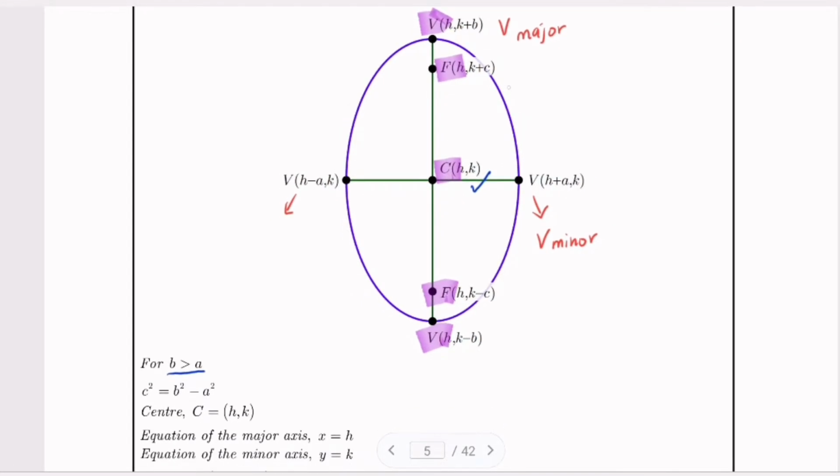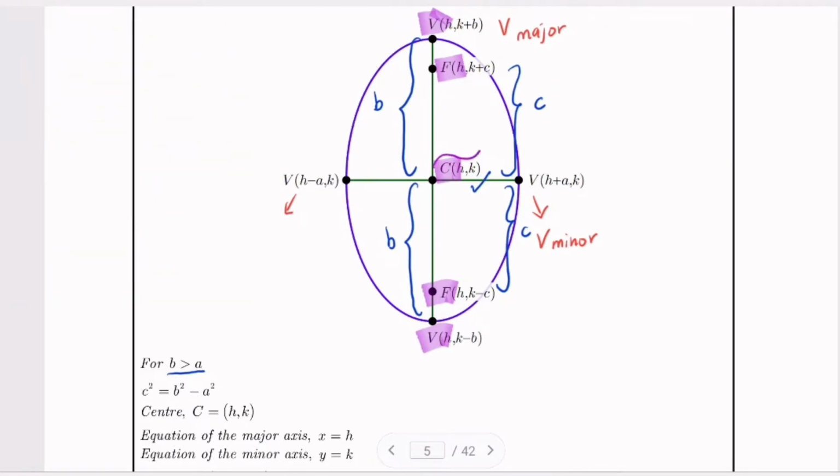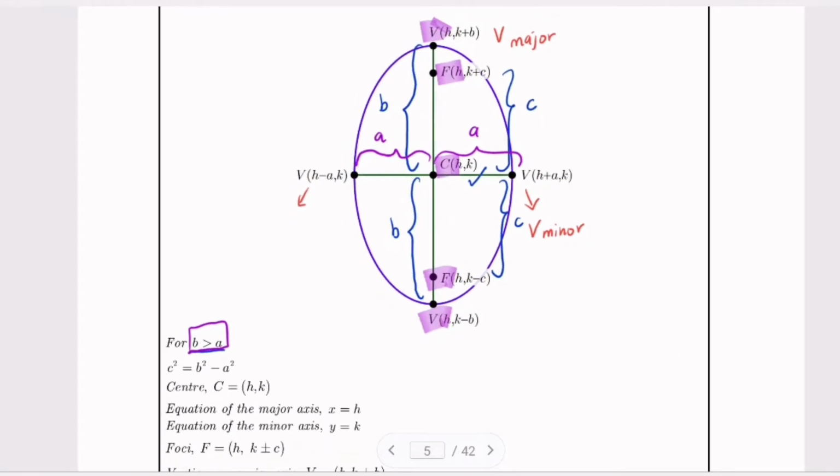The distance between center and foci is C, and the distance between the major vertex and center is B. The distance between center and minor vertex is A. So if B is greater than A, the formula will be C squared equals B squared minus A squared.